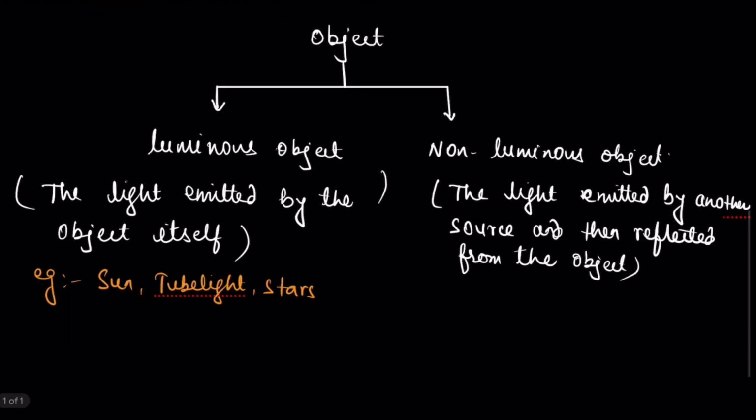So here examples are our book, table, chair. Many examples are there.